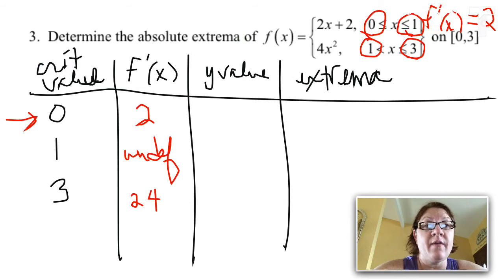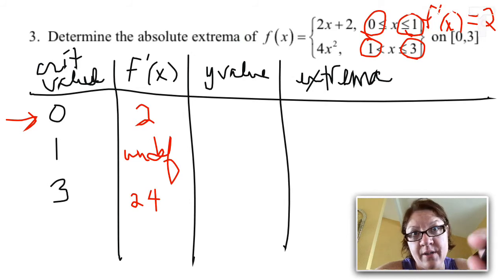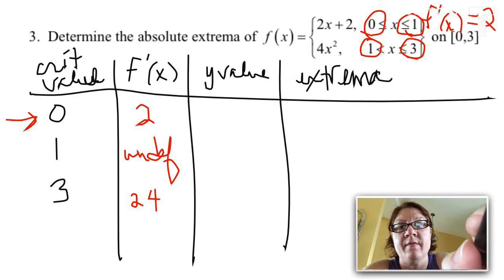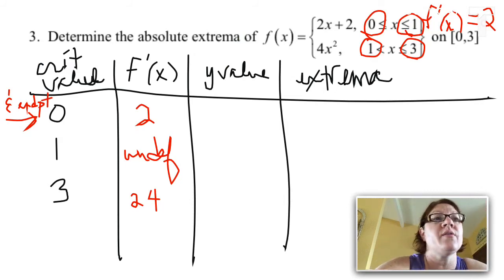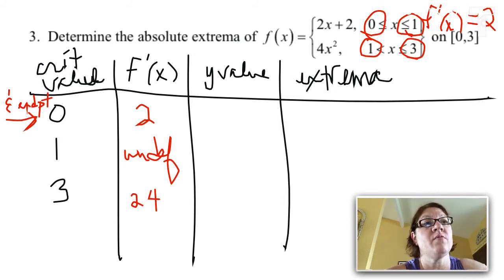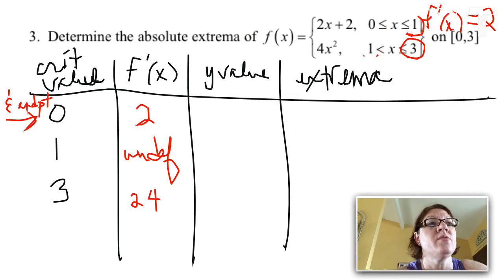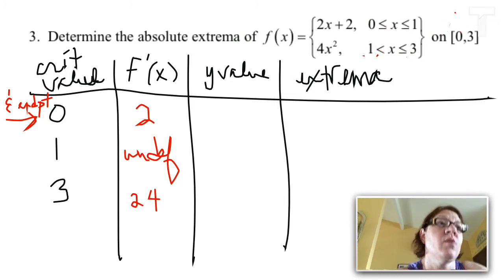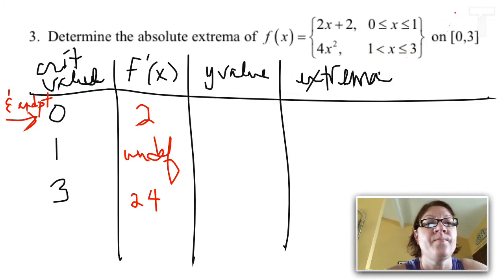Now, I said I was going to have 4 points, but remember one of those critical values also happened to be an endpoint, so I don't need to write it down twice. Okay, so now I have to find their y values. Remember, in order to find the y values, I'm substituting into the original function.